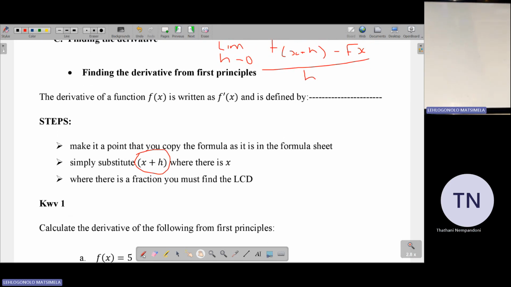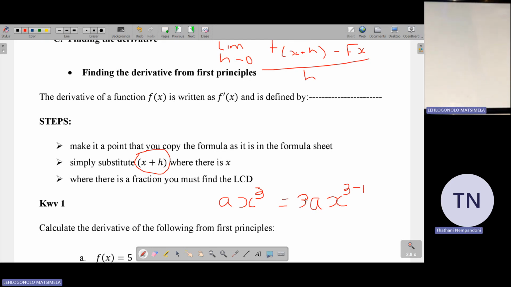Remember, the simple way of deriving: if an equation is a multiplied by x to an exponent of maybe 3, the aim is to derive with the simple formula: a multiplied by the exponent, which is 3. a is the coefficient of x, and then we put x back, and then the exponent itself, which is 3, minus 1.